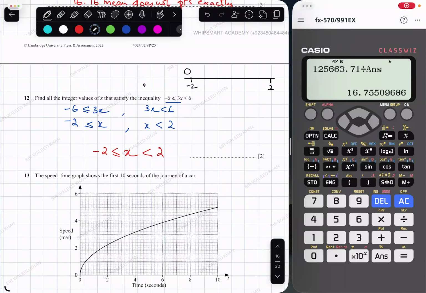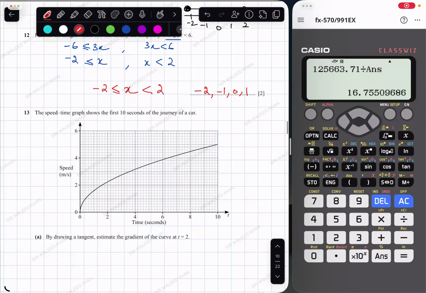So the integer -2 is included along with -1, 0, 1, and then we have 2. But 2 is not included. They haven't restricted us to show a number line, but I'm just showing it for the sake of explanation. So -2, -1, 0, and 1.